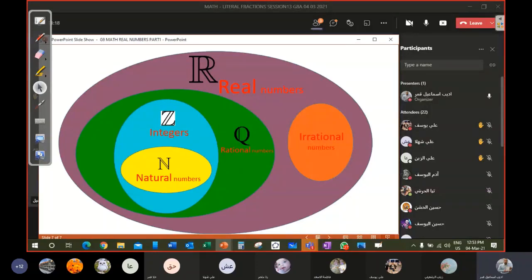Okay, take a screenshot to continue. Have you taken a screenshot? Yes. The negative numbers, Ali Yusuf, are with the integers. Integers consist of the negative numbers, the zero and the positive numbers. The zero and the positive numbers are called what? The natural numbers or the whole numbers.